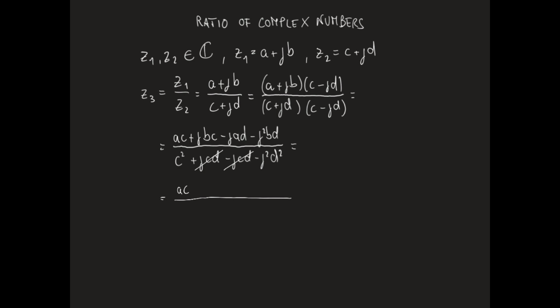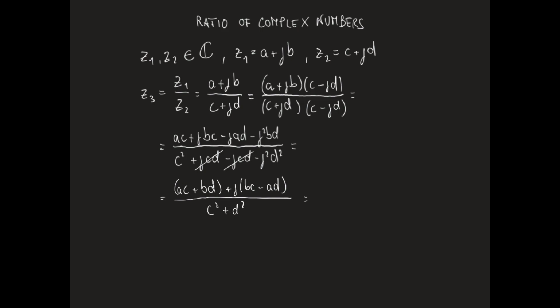AC plus BD plus J BC minus AD at the numerator and C square plus D square at the denominator.